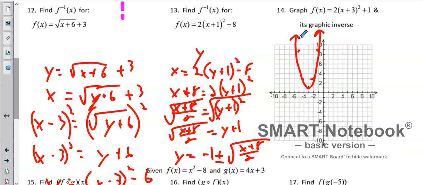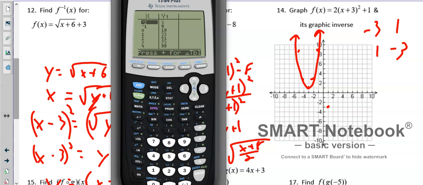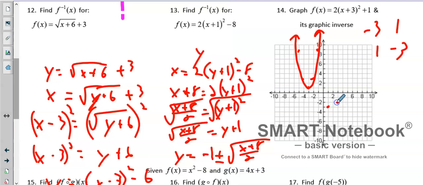So if this is negative 3, positive 1, we're going to switch that and put 1, negative 3. And negative 2, 3, we just switch them and do 3, negative 2. So 3, negative 2, right here.